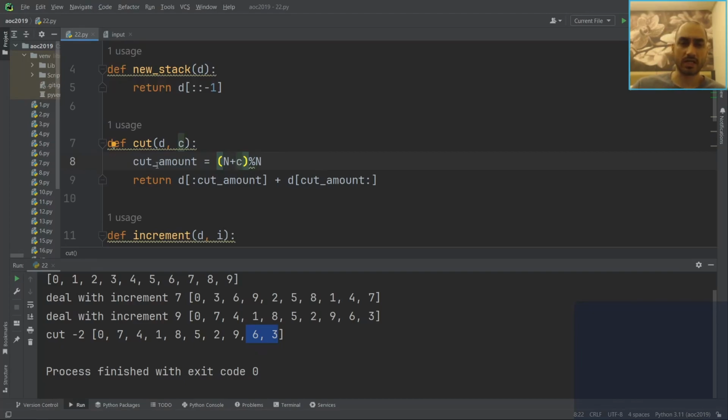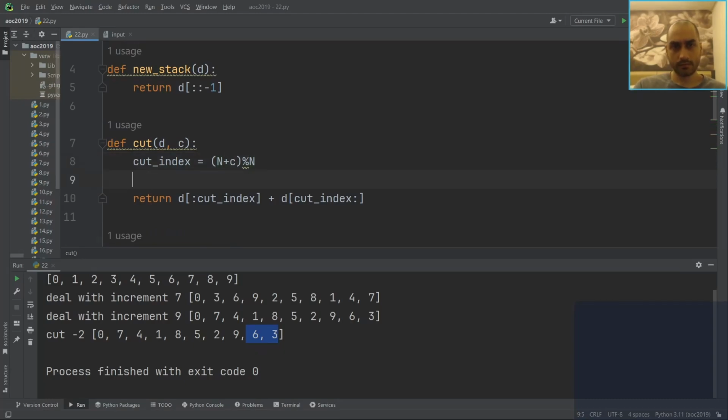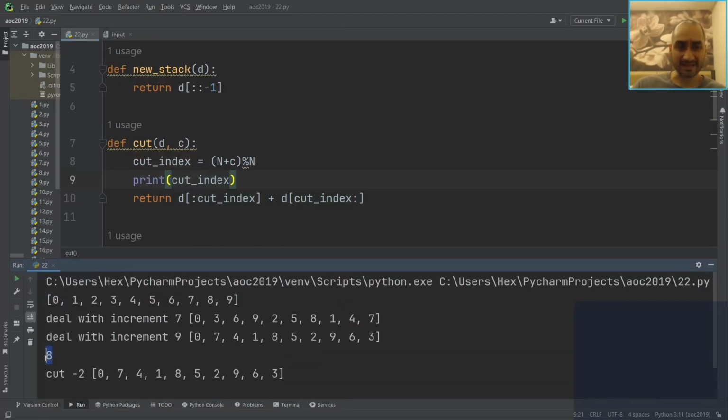Also, let's not call it cut amount, call it cut index. Cut index equals... print cut index. 8. 1, 2, 3, 4, 5, 6, 7, 8.